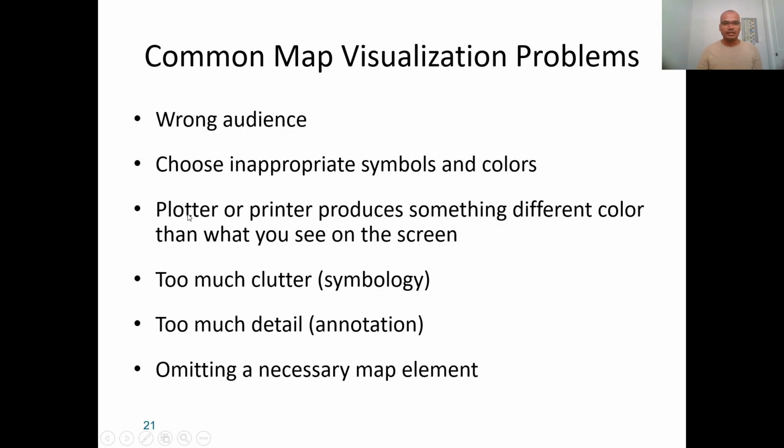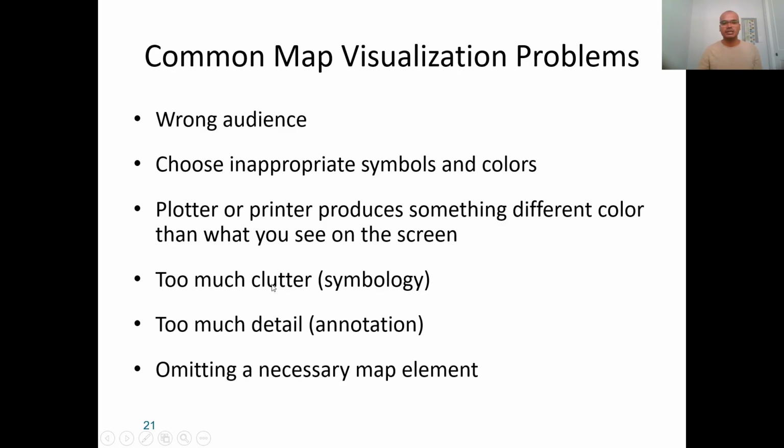So these three are very major visualization problems. In addition, sometimes people overemphasize the information, adding more labels and more elements into the map, making the map more cluttered and more detailed within a restricted or limited scale.